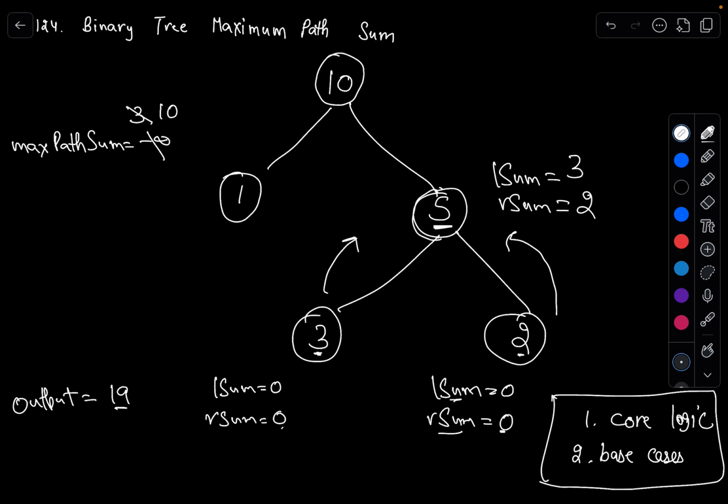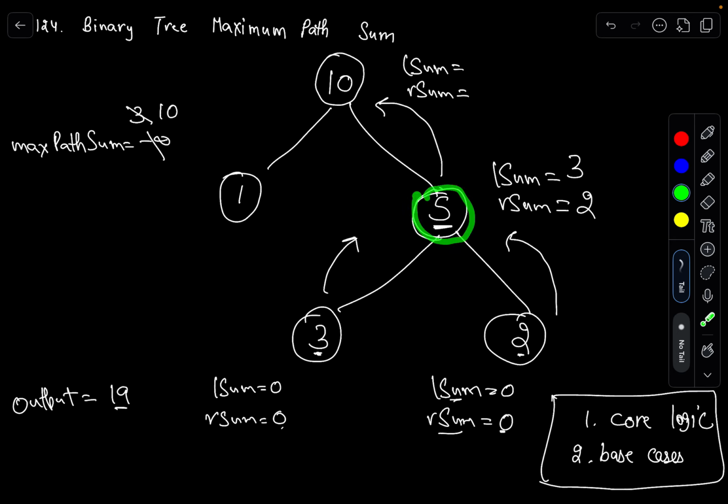Right. Now we need to return something to our parent. What should we return? That's the question. So what do you think we should return here? So let me write down the same values for left sum and right sum here. Either I could return this 5 when it's added to the left sum, or I could return this 5 when it's added to the right.